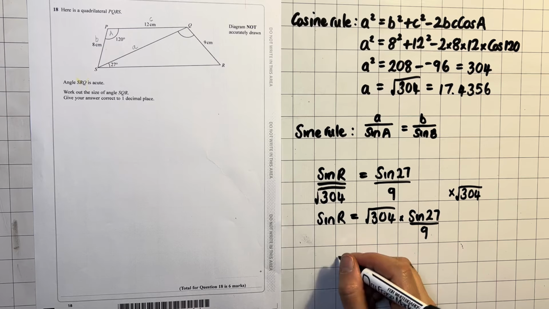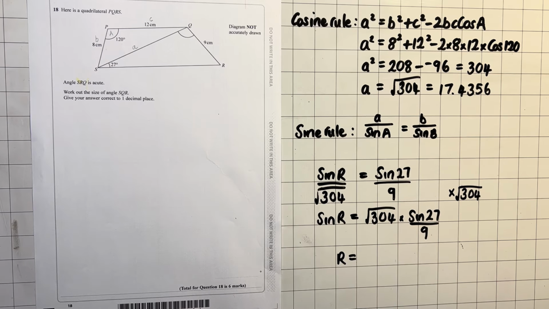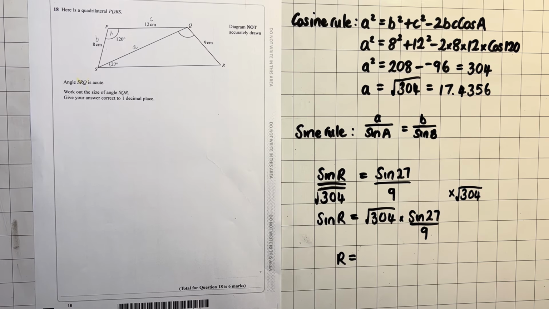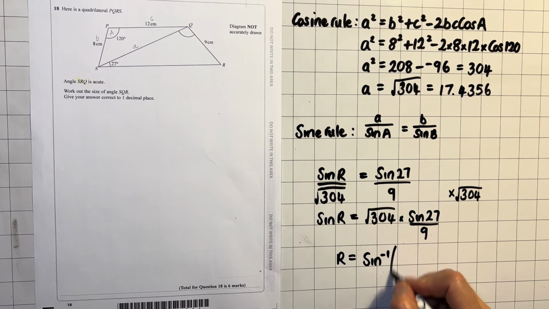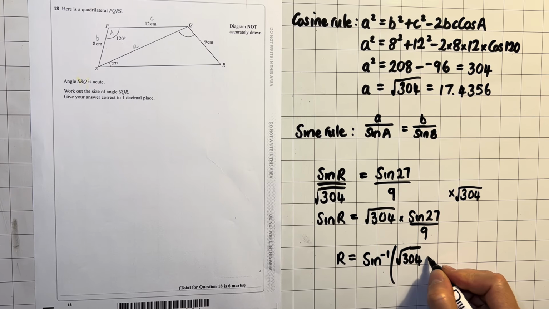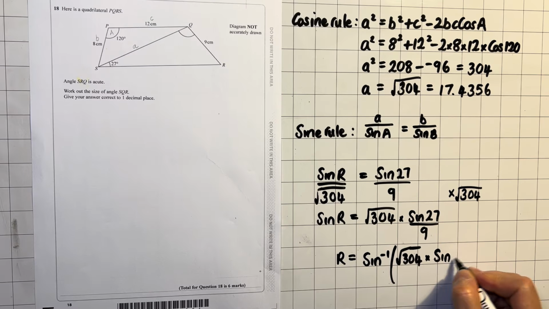To find the angle of R, we need to do the inverse function of sine. This will leave us with R on the left hand side, and on the right hand side this will give us the inverse of sine of square root 304 times sine 27 over 9.